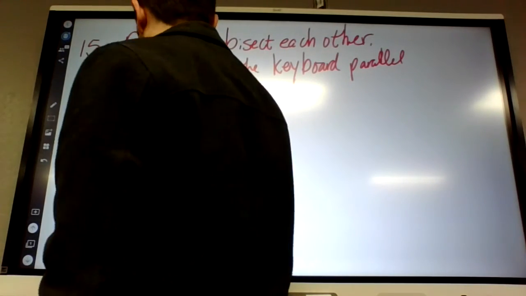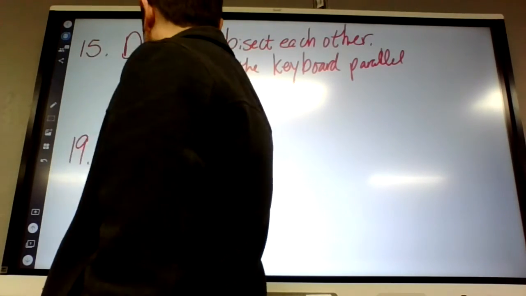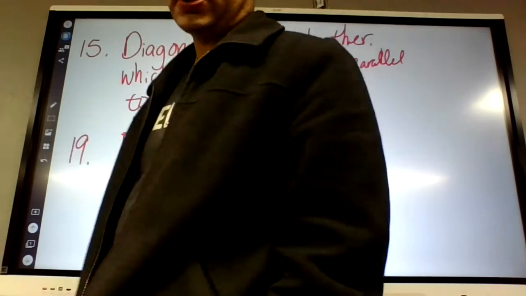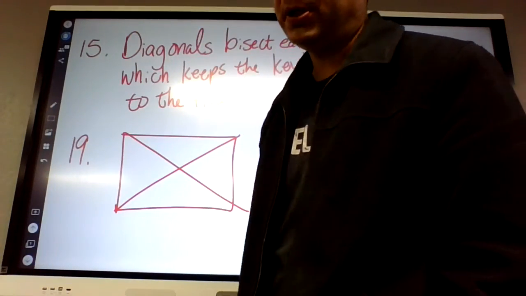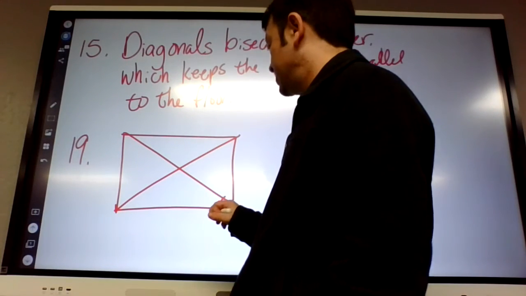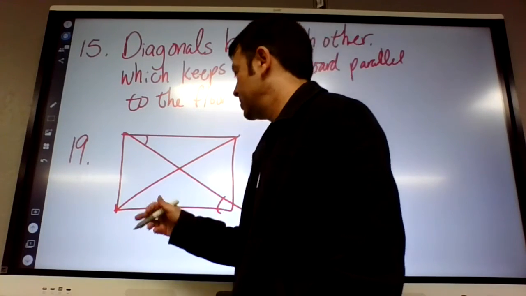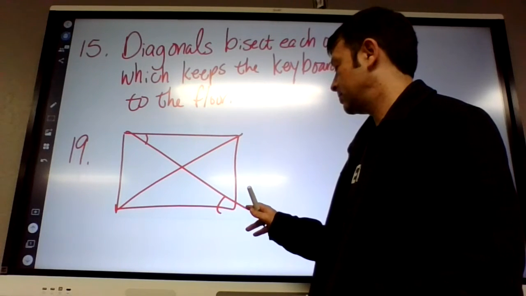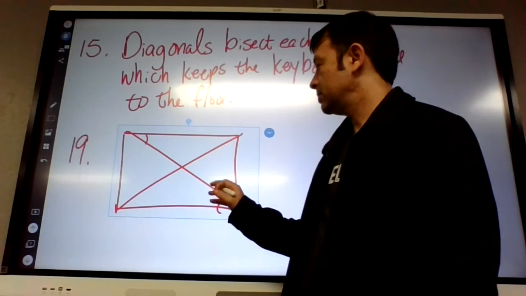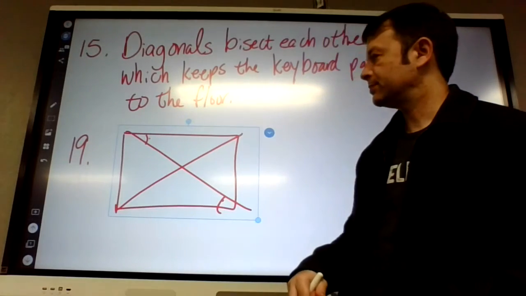On the first one, it says angle ECD is congruent to angle EAB. That'd be this one and this one. If these two angles are congruent right here, what do we know?